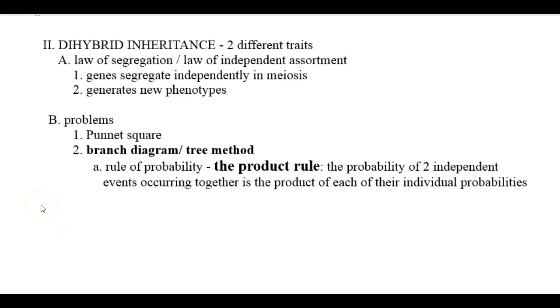One way is the Punnett square method, and then we're also going to be doing the branch diagram, also known as the tree method. In that case, we're going to be using the product rule. Right? The product rule. The probability of two independent events occurring together is the product. It means we're going to multiply each of their individual probabilities.